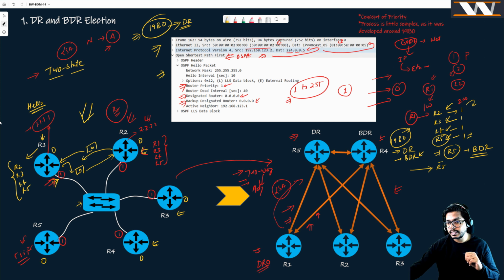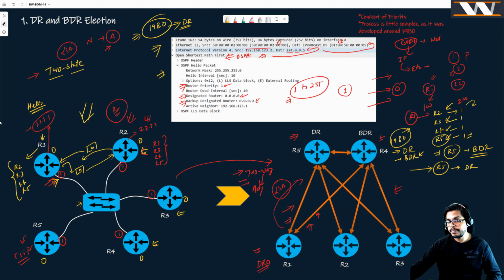Means R5 was elected as the BDR, right? But there is nobody on this network which is a DR. So what the OSPF algorithm does, it will move it from BDR to DR, right?